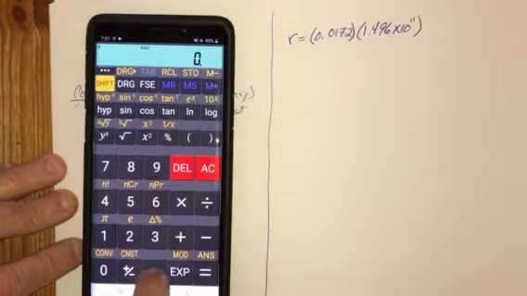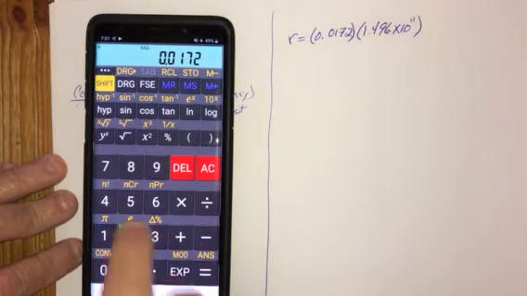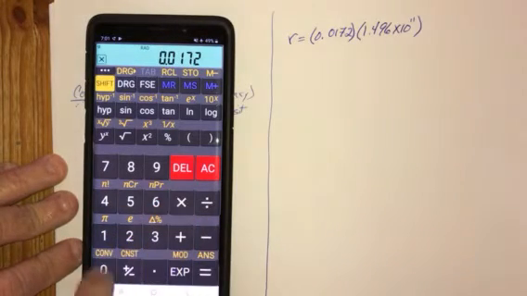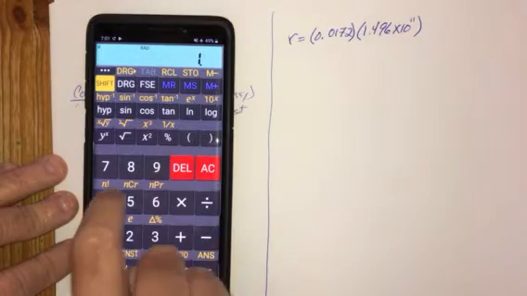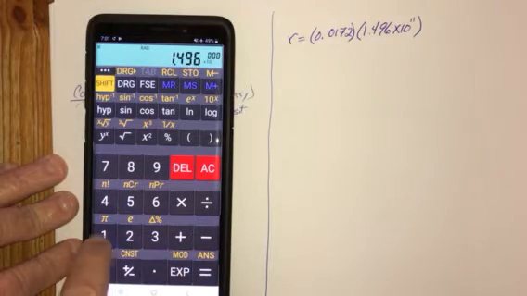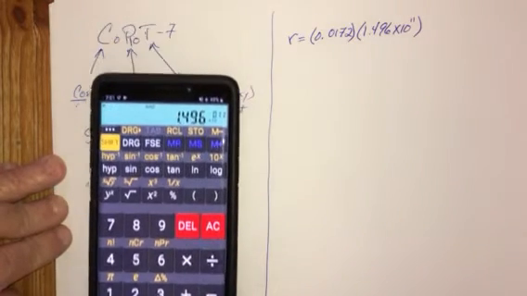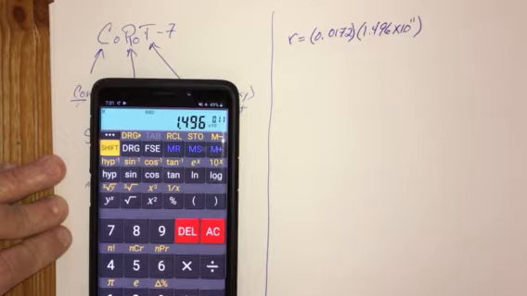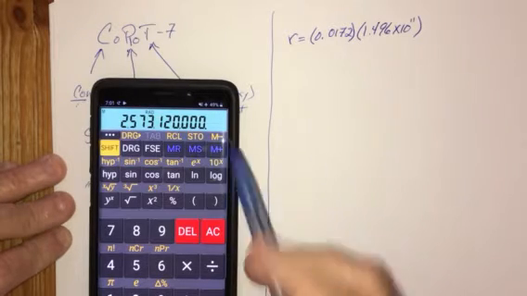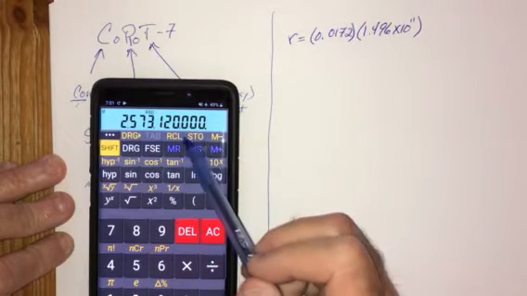And we're going to do that by 0.0172 multiplied by 1.496 times 10 to the 11th. You'll notice that when I did times 10 to the 11th, I pushed the EXP key. So here I'm going to hit the equal sign, okay, and that gives us this number.